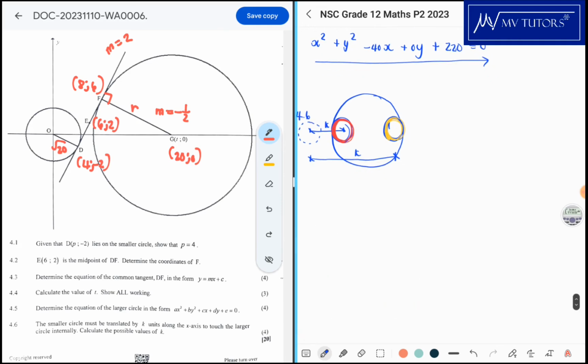Okay, so what we do there, when circles are touching internally, we calculate the distance between them. So it's actually k, but I'm just going to put d there. So d, for the red one, I'm just going to call it the first scenario. This is 1 and that's 2. So for the first scenario, in order for me to get the distance, I want to get the distance between the centers of the bigger circle and the smaller circle.